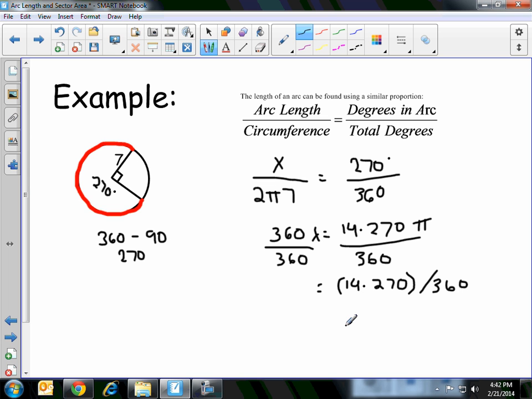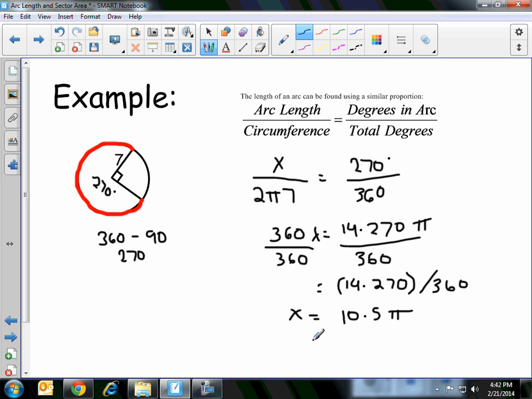So 14 times 270 gets us 3780, and when we divide that by 360, we get 10 and a half. Don't forget the little pi is still there. That means our arc length is 10.5 pi.